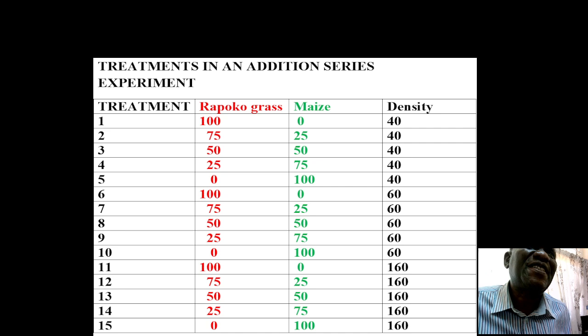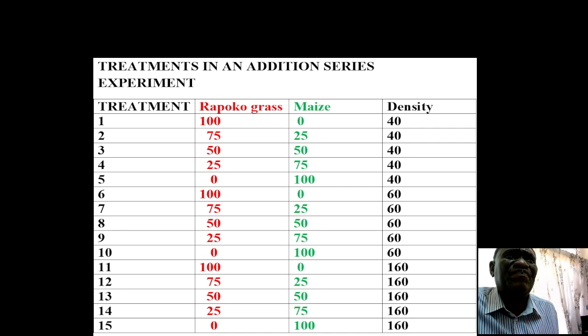Now, what sort of treatments can we get? Let's say we were combining rapoko grass and maize. We can work with various proportions. We can vary rapoko grass from 100, we reduce it to 0. And the maize, we increase 0 to 100.